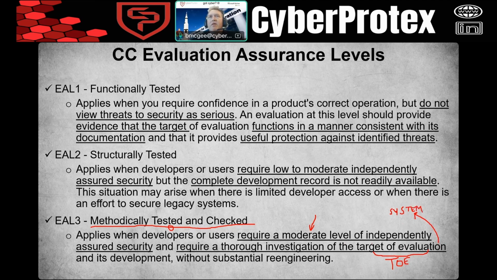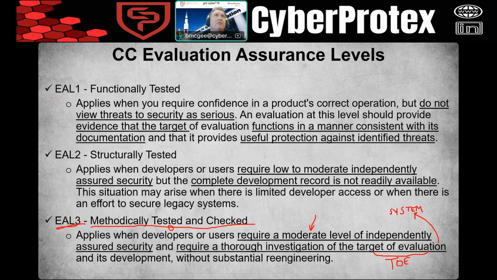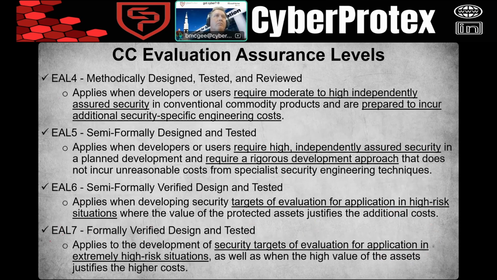And because of that target of evaluation, it achieves these different EAL levels depending on how much rigor has been put into it. And so as we move up the food chain, right, 1 sucks, 7 is awesome, and somewhere in between, it adds additional value to the level of effort that has been put into the testing of it.